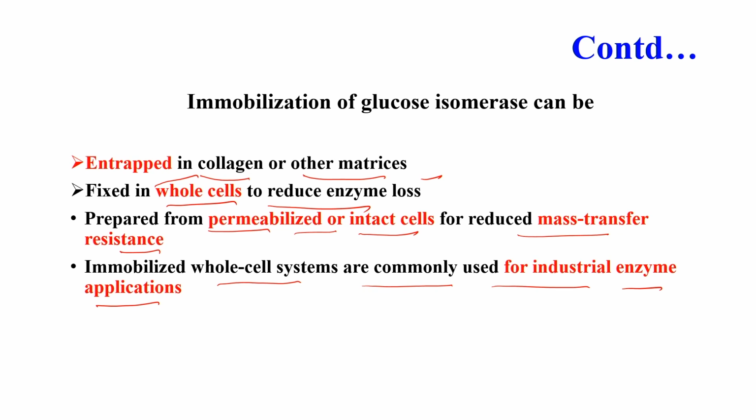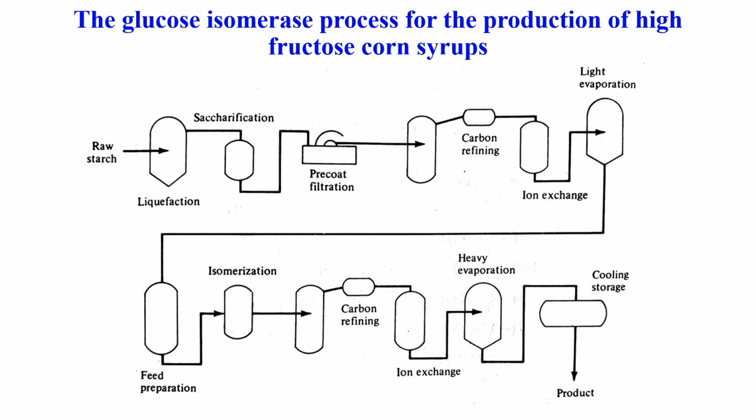So, one can directly immobilize the whole cell, and the other option is one can entrap only the enzyme part. This says the starting raw material is starch, which is first converted to glucose through the process of liquefaction and saccharification, and further it goes for isomerization, and this is your final product rich in fructose.